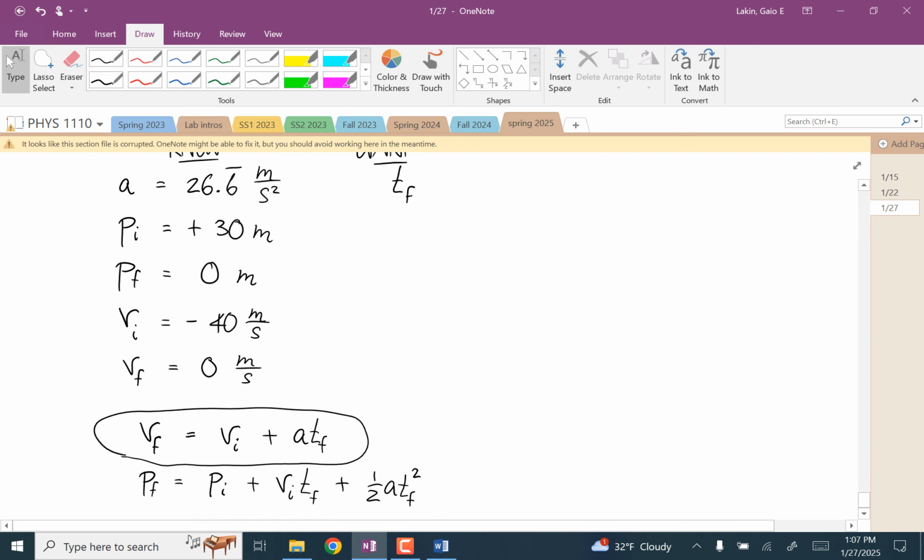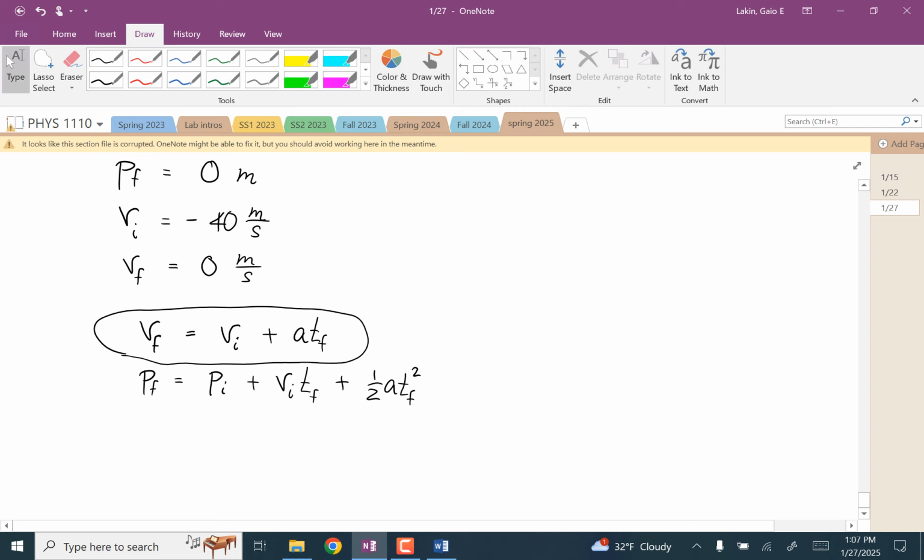And so let's just make sure that it'll work. Time final is in it, so that's a good start. V final is known. V initial is known. A is known. So this will let us solve for T final. Okay, so 0, V final is 0, is equal to negative 40 plus 26.6 repeating times time final.